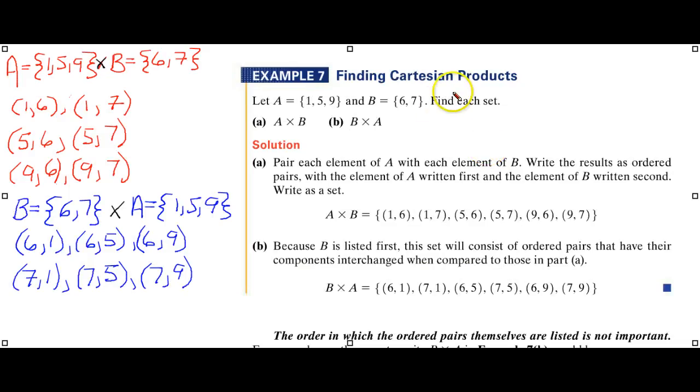So I wrote this out just a little different way, but basically they're asking us to find Cartesian products, that is, with set A and B, A crossed with B, and then reversing, B crossed with A. And in the video produced by the authors, I like the way they show and arrange it.